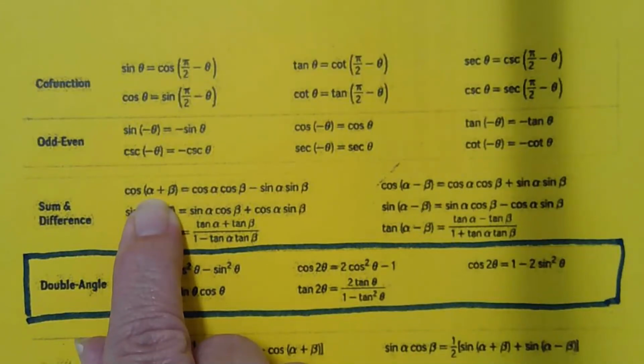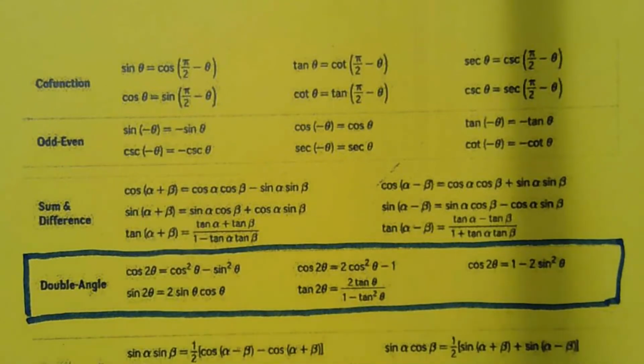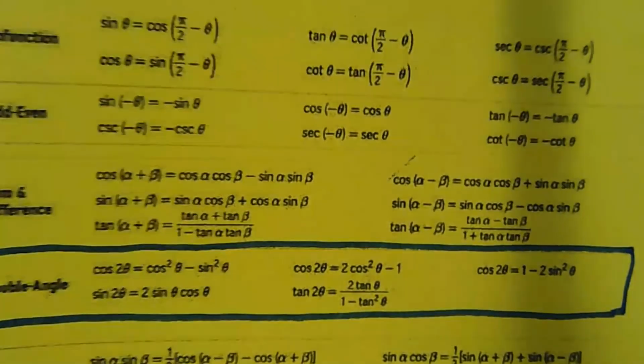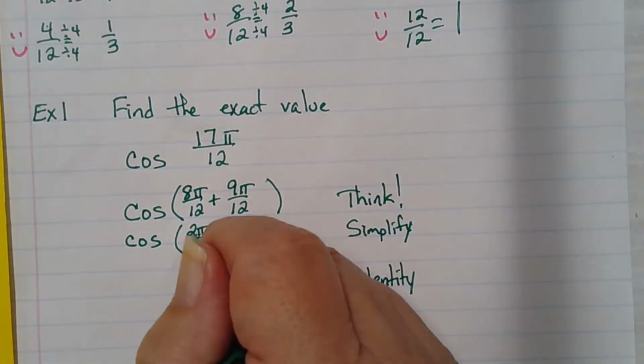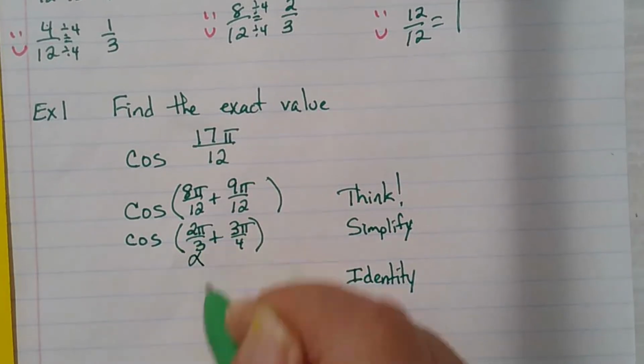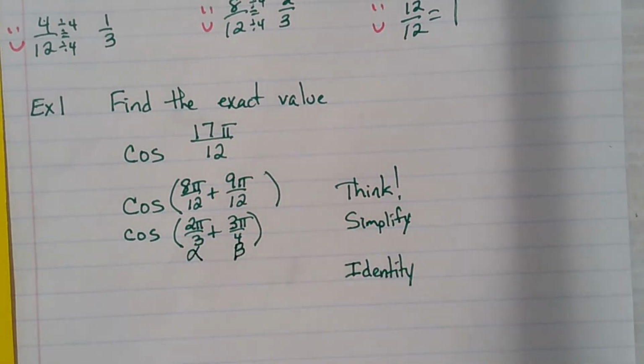So all I'm going to do is substitute into the right-hand side of this identity. So I'm going to move this off to the side, but I'm going to keep it next to me. I'm actually going to put my left finger right on it while I write with my right hand. 2 pi over 3 is my angle alpha, and 3 pi over 4 is my angle beta. And so I'm going to substitute into the formula.